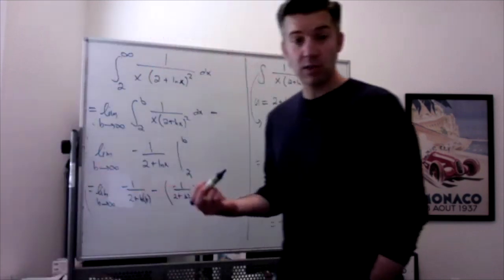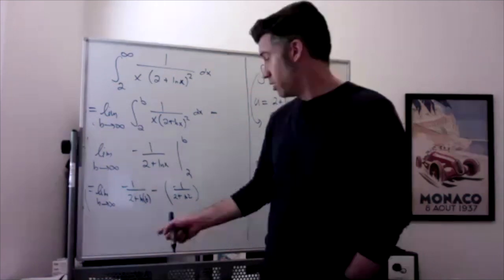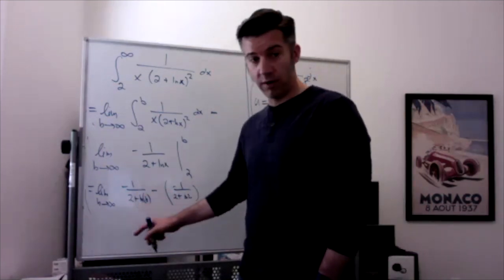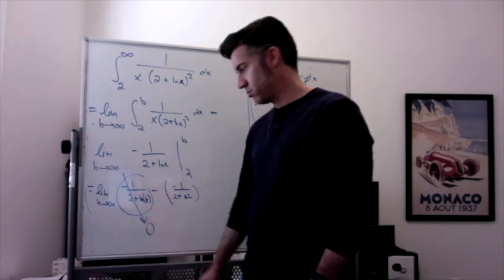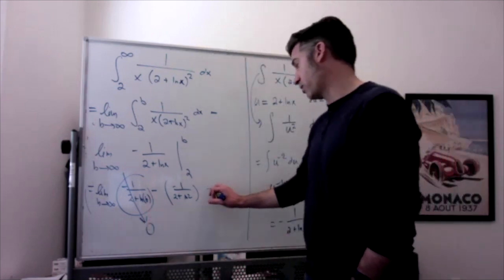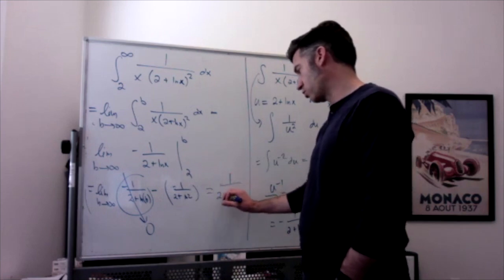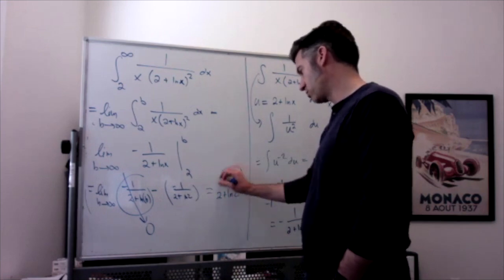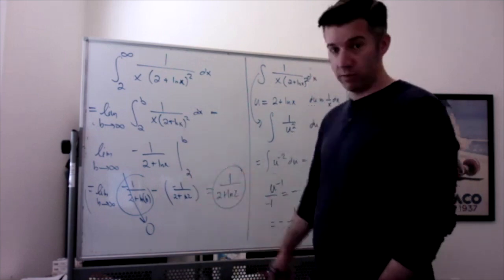As b goes to infinity, the natural log of b also goes to infinity. So this denominator is getting infinitely large, which means this fraction is getting infinitesimally small, which means we're left with negative negative, so positive 1 over 2 plus natural log of 2. So this integral converges, and it converges to 1 over 2 plus natural log of 2.